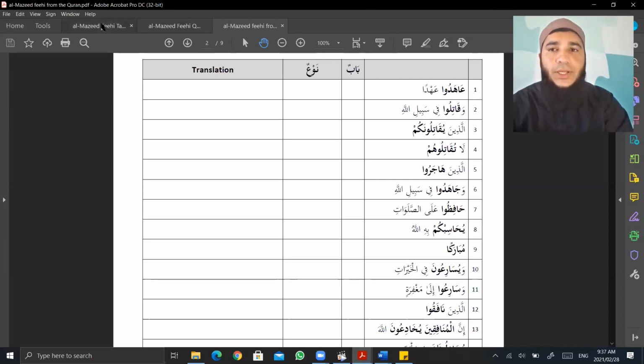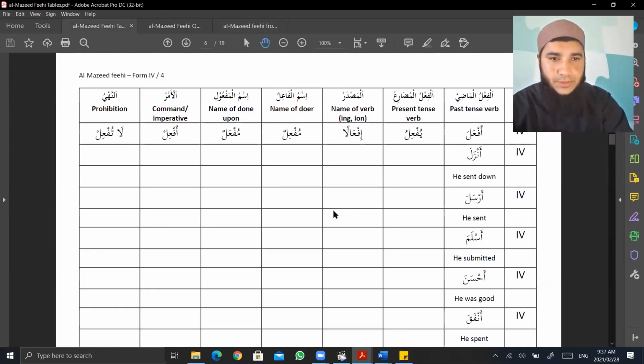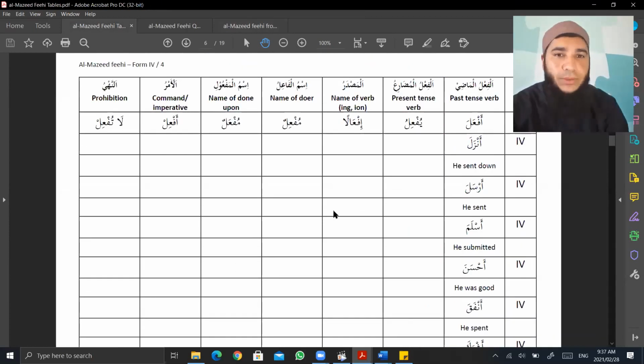Right, okay, let's look at the next part. This is one of the most common abwab. Can you guys hear me? Yes, Maulana. Okay, so this fourth bab over here is one of the most common abwab. We find it all over the place.